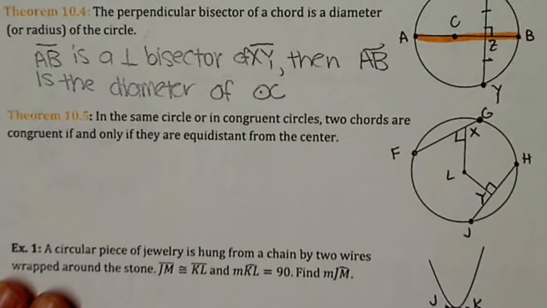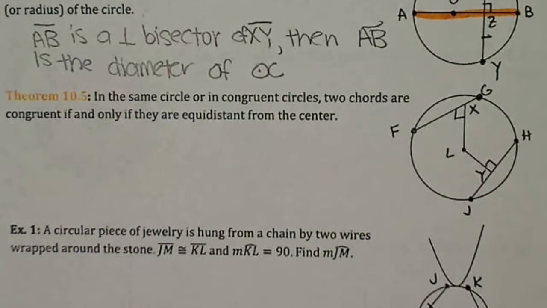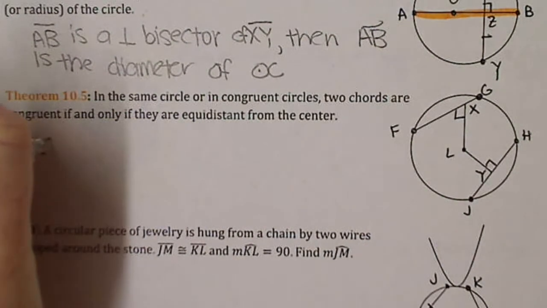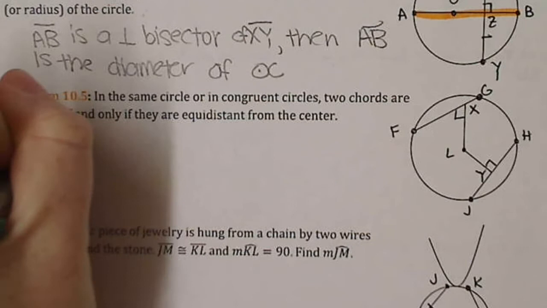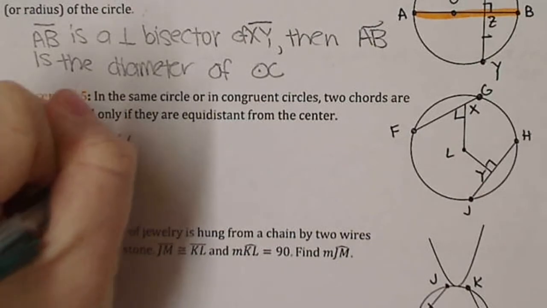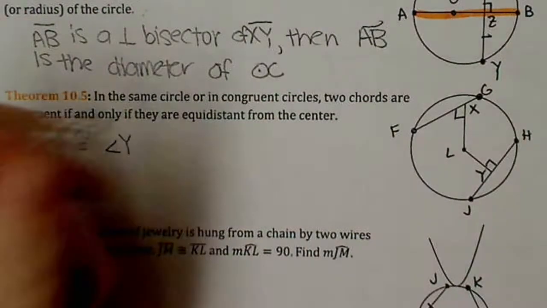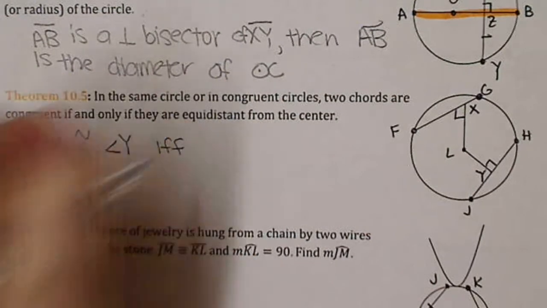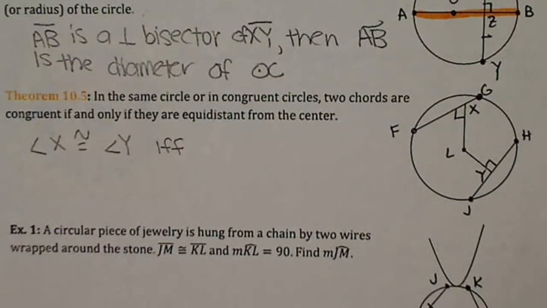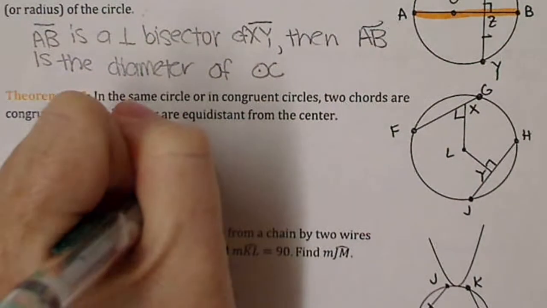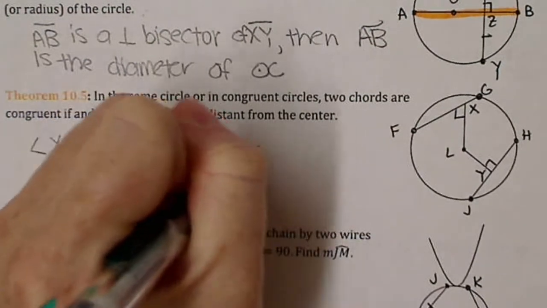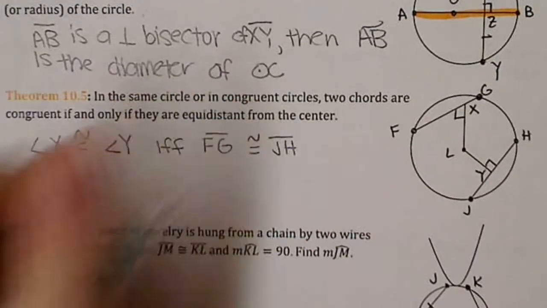In 10.5, our last theorem of this section, here we're talking about chords and their distance from the center. So if, let's say, LX is congruent to LY, this is true if and only if FG is congruent to JH.